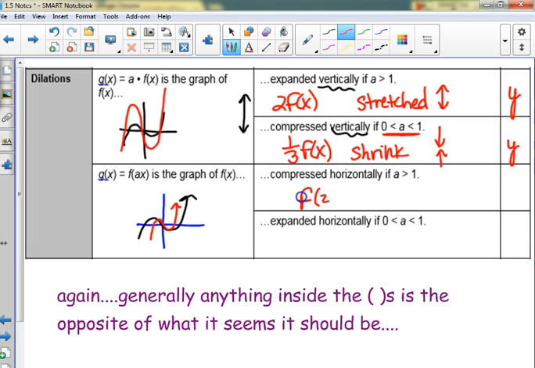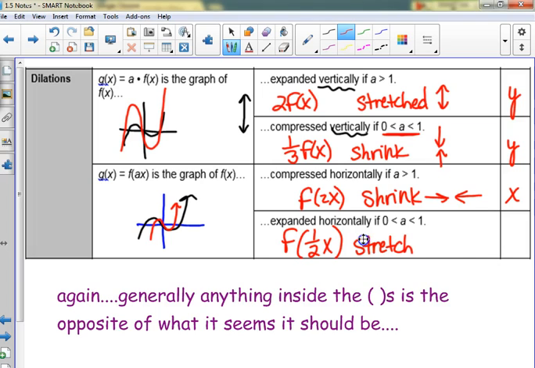And f of 2x shrinks, not stretches, the graph in towards the y-axis. So an f of 1/2 x would do what? Yes, stretch the graph out away from the y-axis and change x values.